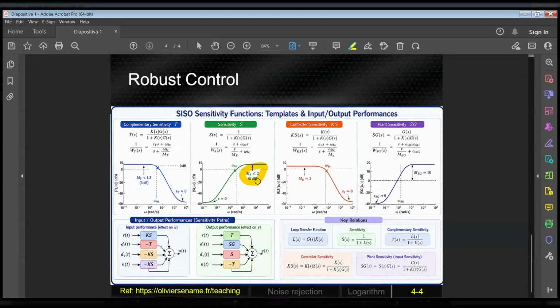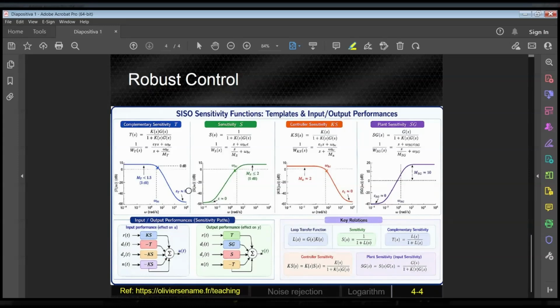For the complementary sensitivity function, we would like it to start near 0 dB and remain below approximately 3.5 dB and then roll off toward minus 60 dB at high frequencies for T, I mean.